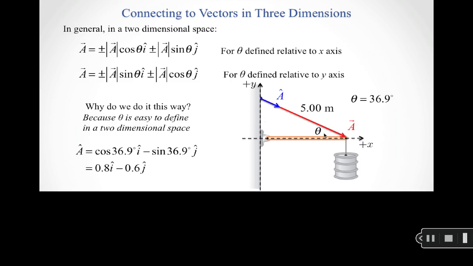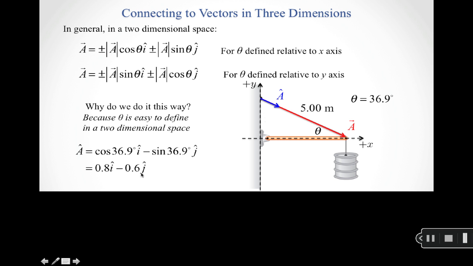So the other thing that I can do is talk about the unit vector that points in the direction of vector A. So talk about A hat. And again, what we've seen is really all that's doing is saying pull out the magnitude. So instead of a 5 here and a 5 there, I basically just factor the 5 out because that's the magnitude of that vector. And what I'm left with is just the positive cosine 36.9 degrees i hat minus sine 36.9 degrees j hat.